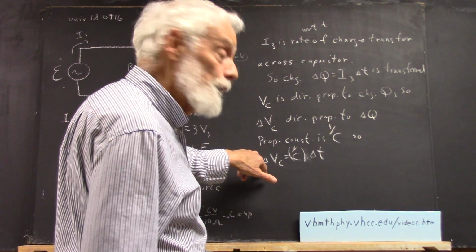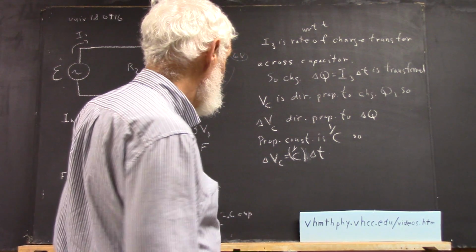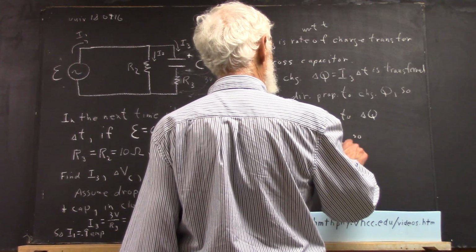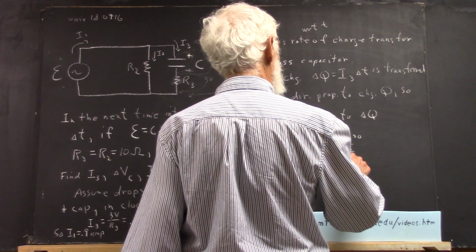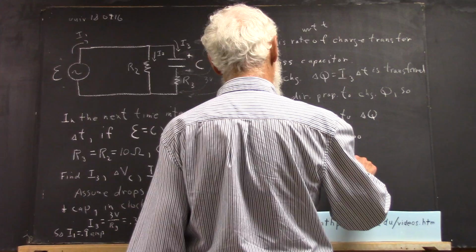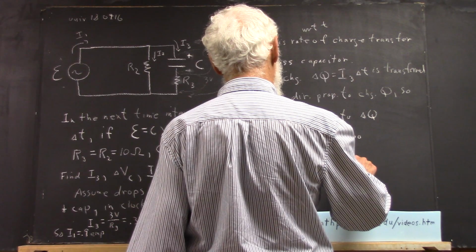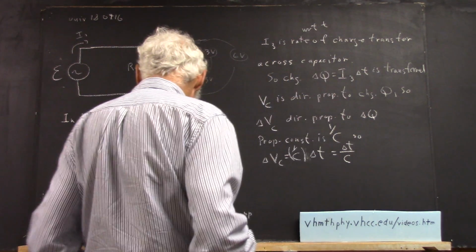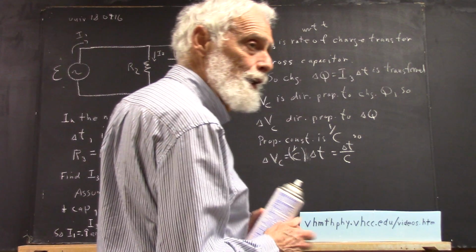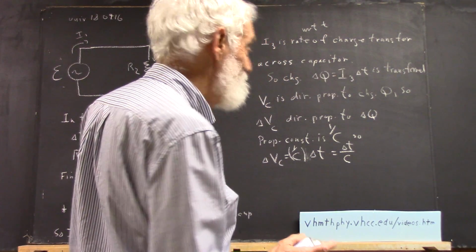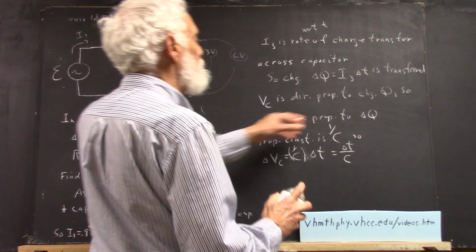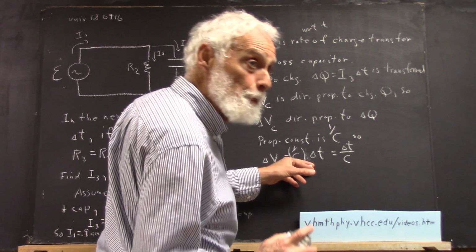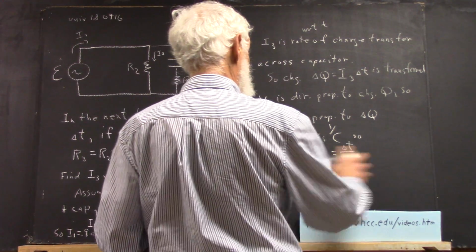So, we get this. And it's not delta T, it's delta Q. Talk about writing down symbols. It's proportional to delta Q, and now I've got it proportional to delta T.